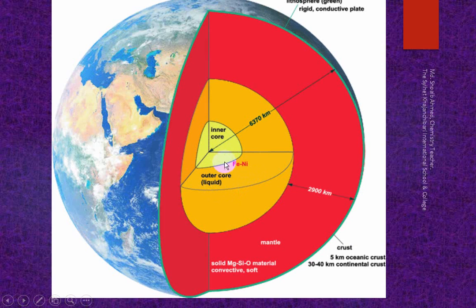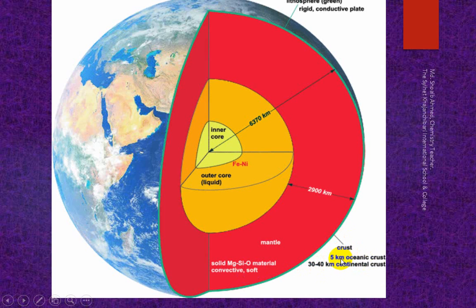Mantle contains magnesium, silicon, oxygen material, hot and soft. And the crust is a thin layer. Oceanic crust is 5 km. The outer part of the surface of the earth is the crust.